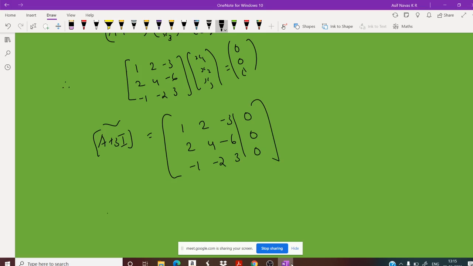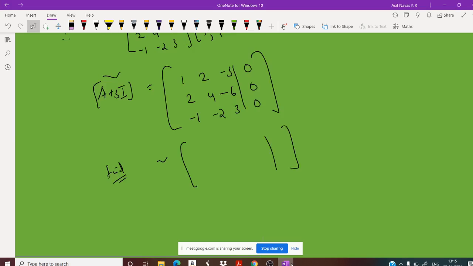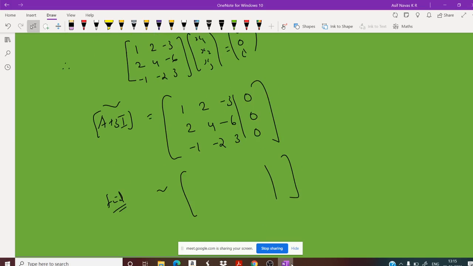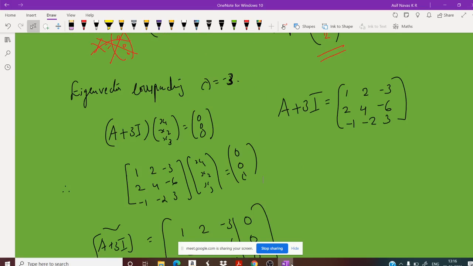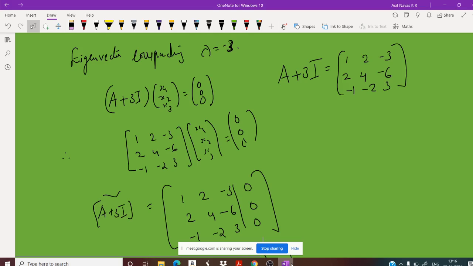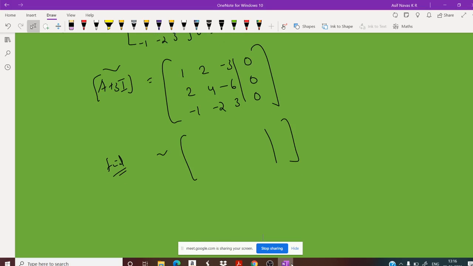You find out the row echelon form and tell me the answer. First, you convert this into 0, then this into 0, then the other thing.